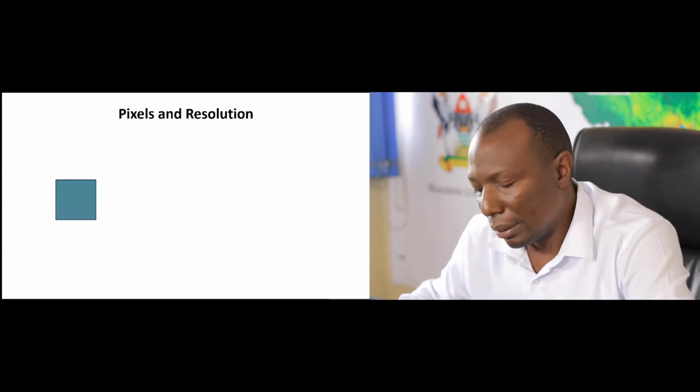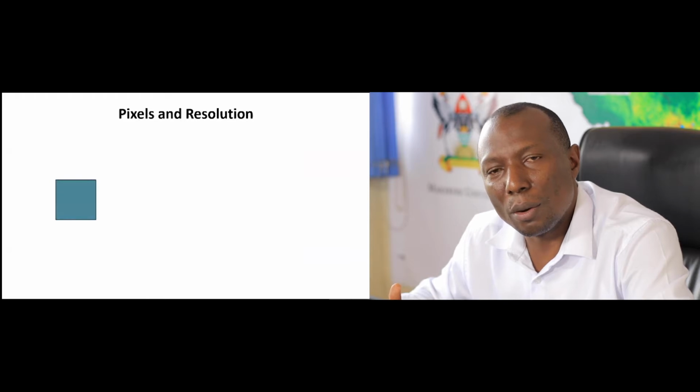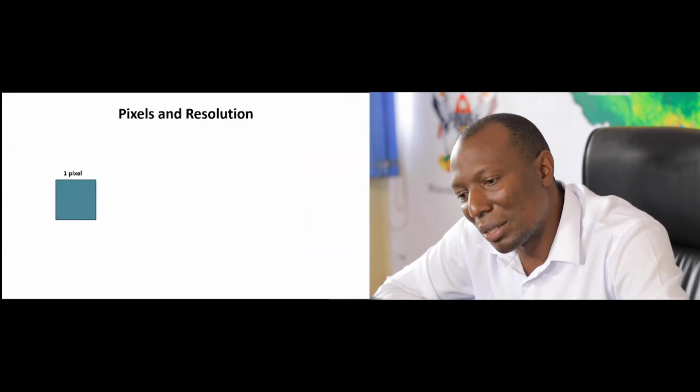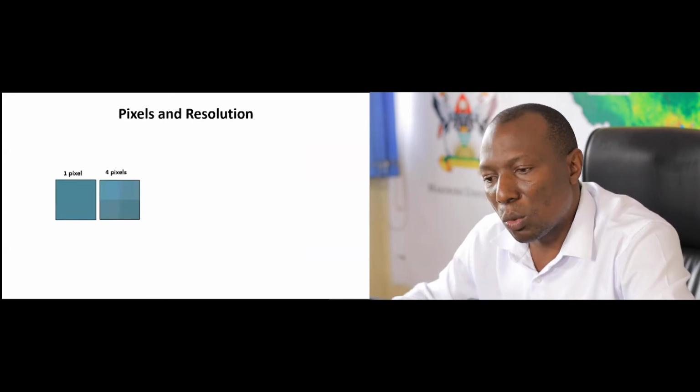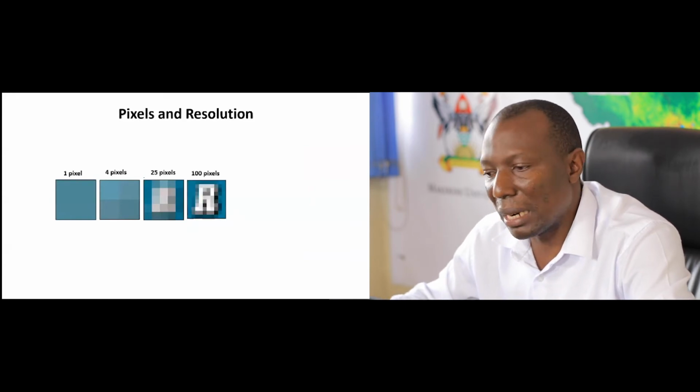I know that when you go to buy cameras and phones, I don't know if you mind about the megapixels of your cameras. That is a subject for another story. But when it comes to 1 pixel, that's how it looks. With 4 pixels, 25 pixels, the image starts coming out.